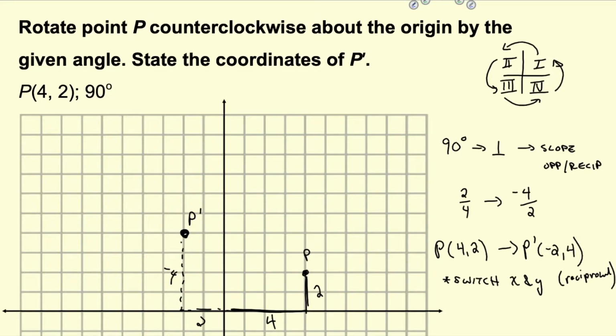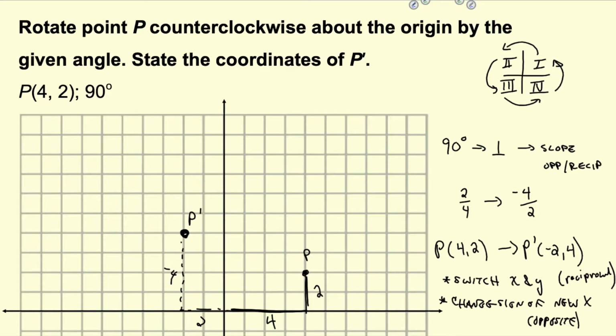You exchange the numerator and the denominator, and then you need to change the sign of your new x value, and that's where the word opposite comes into play. So we need to change one of the signs.